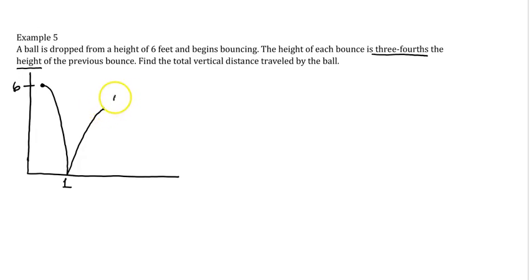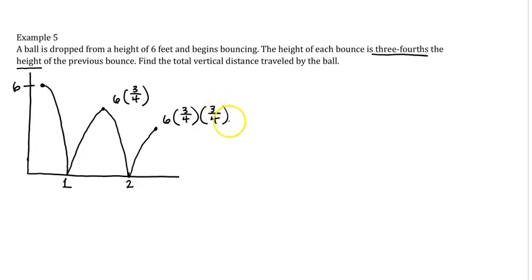So it only bounces to whatever 3/4 of 6 is. And then it will bounce back down, hit the ground a second time, bounce back up, but only go 3/4 of the previous height. And this pattern continues as it bounces, and so on and so forth.